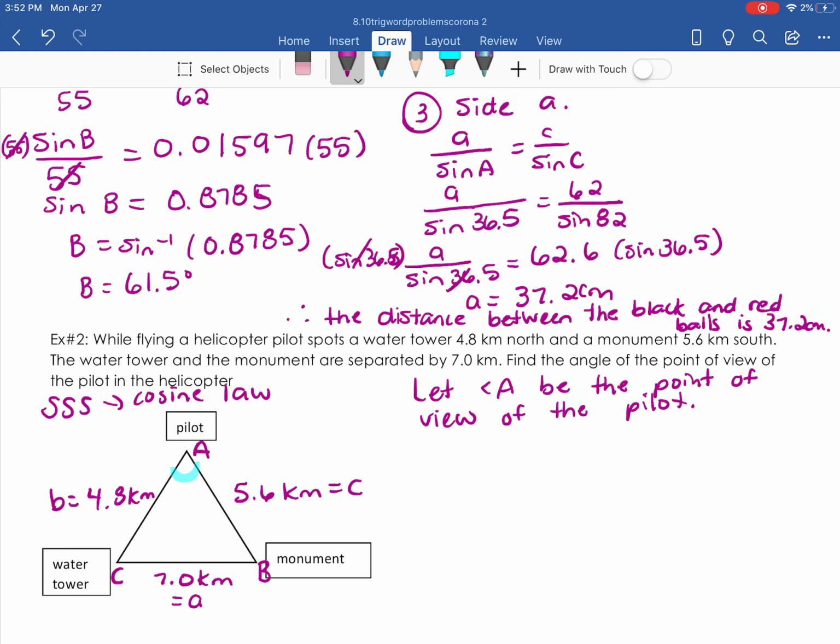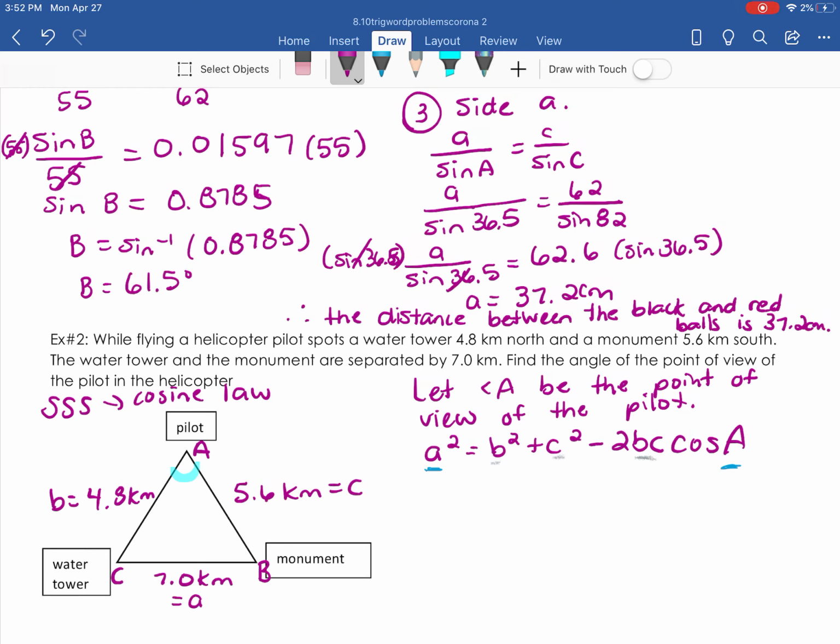That means we're going to do the A form: B squared plus C squared minus 2BC cos, and then since we did A out here, you do angle A on the outside. Okay, we're sandwiched by A's.